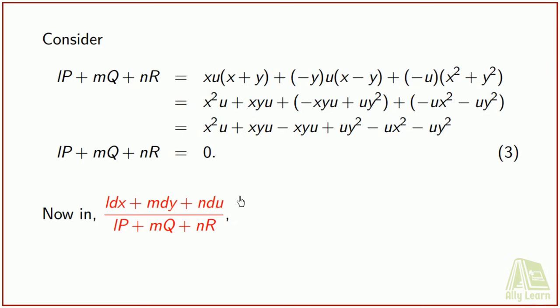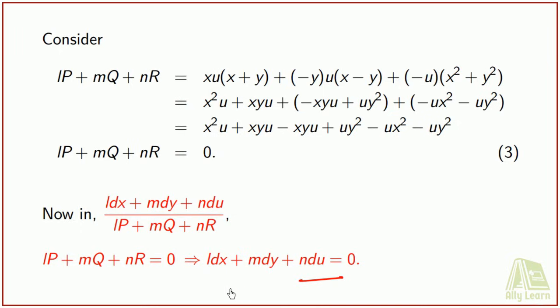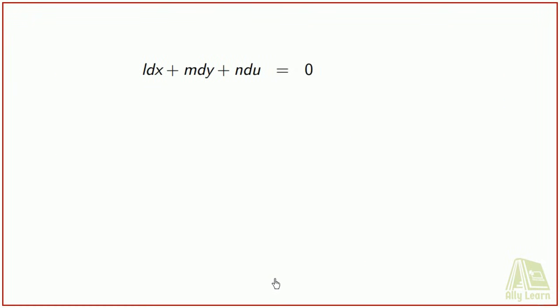Now you know that this denominator we are getting it to be 0. So the denominator equals 0 implies the numerator has to be 0. So what we get? This numerator equals 0. So we get this expression to be 0. Now we'll put the values of l, m and n and then integrate and get a solution. So what we do, we put the values of l, m and n as x, minus y and minus u.